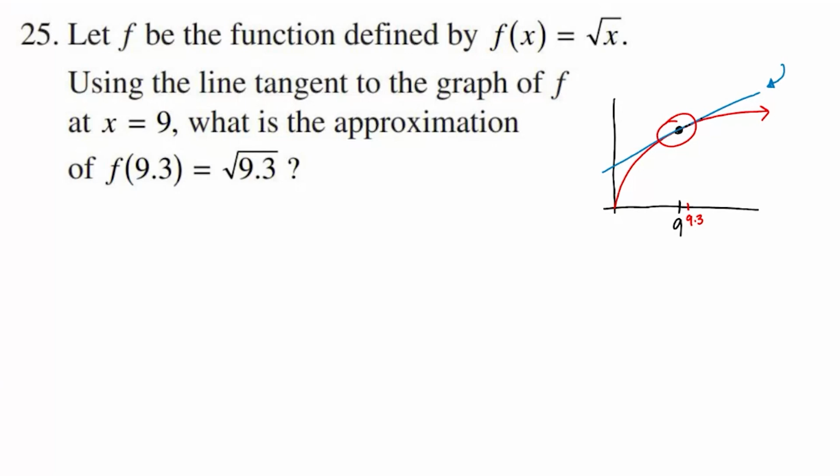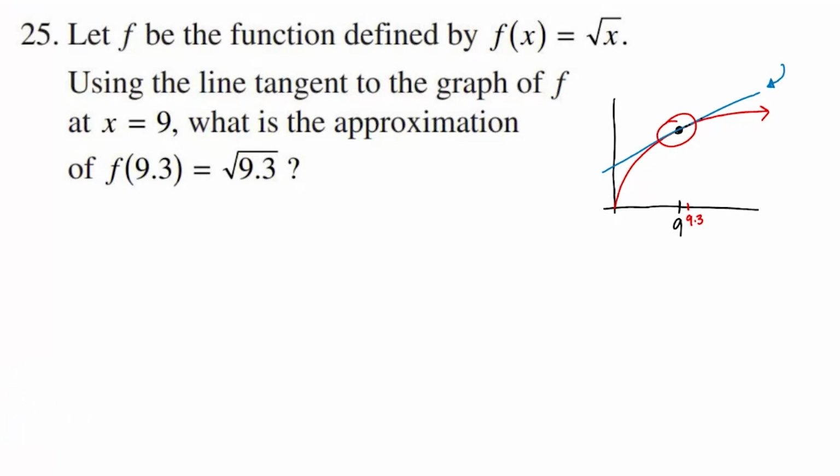Whatever equation we get for that tangent line would not be particularly useful for estimating, say, the square root of 12 million, because those values are just too far away, and the gap between the tangent line and the curve square root of x gets wider and wider as we move x towards infinity. But right around x equals 9, the points are pretty close, so we can go ahead and use it.